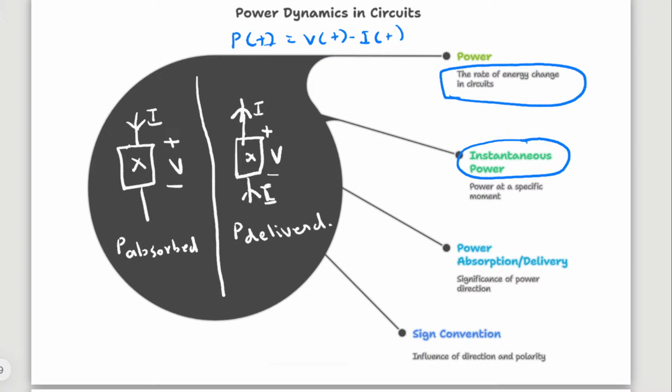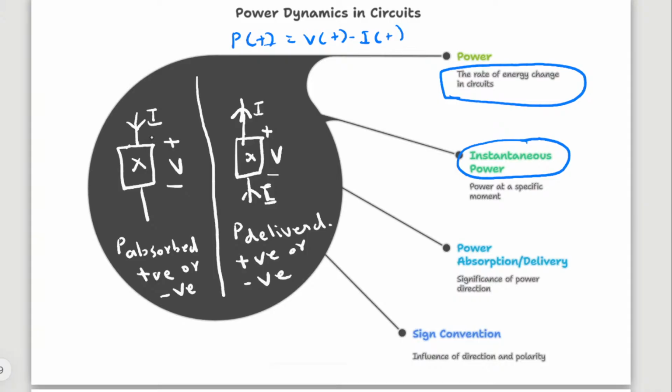Here, absorbed power can be positive or negative. Similarly, delivered power can be positive or negative. This is a very important point.